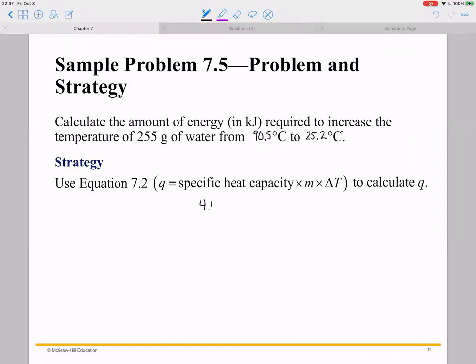Again, this is water, so it's the 4.184 joules per gram degrees Celsius times the 255 grams times the delta T, which is now 25.2 minus 90.5 degrees Celsius, because again, T final minus T initial. So now I'm going from 90.5 to 25.2, which means my delta T is going to be negative 65.3.